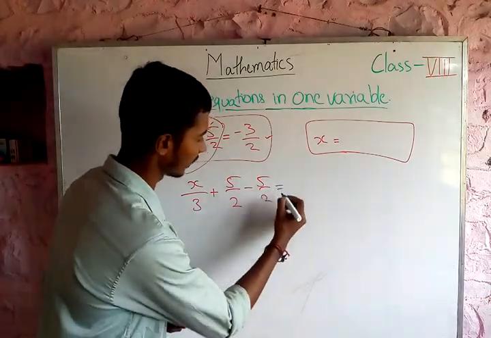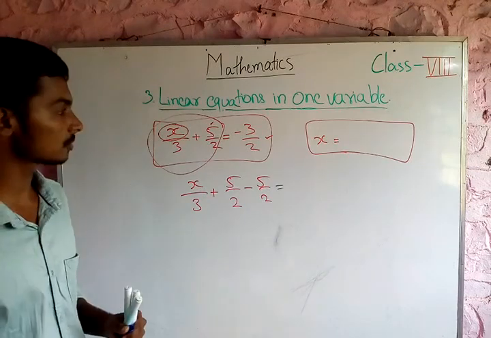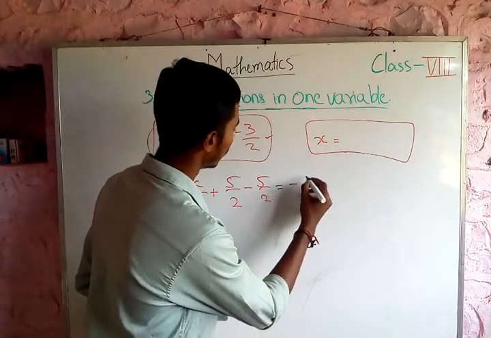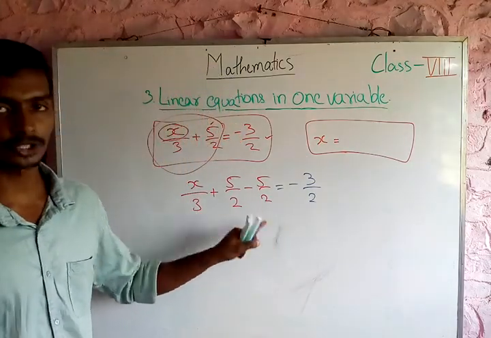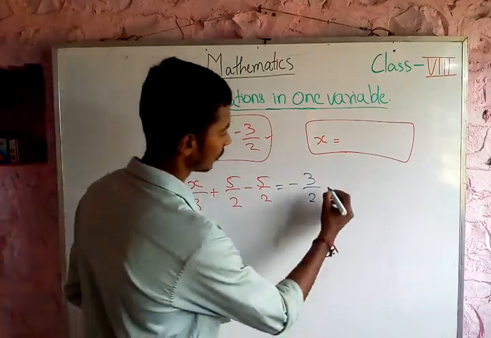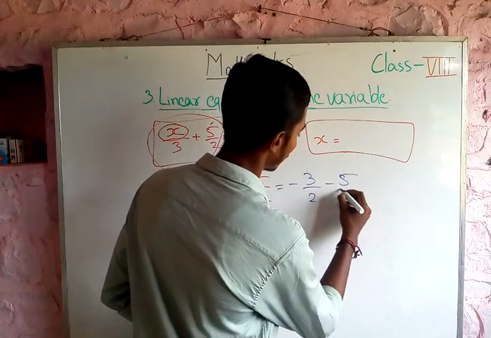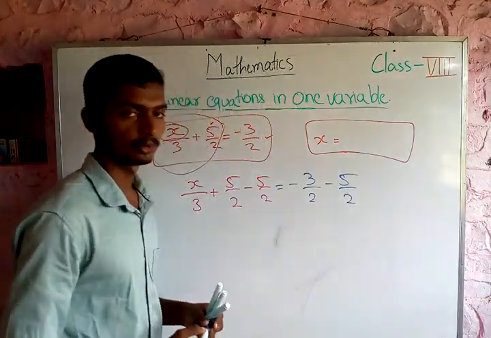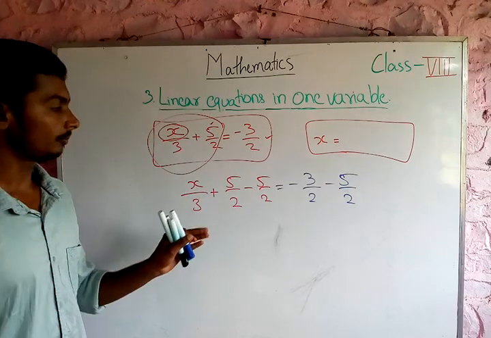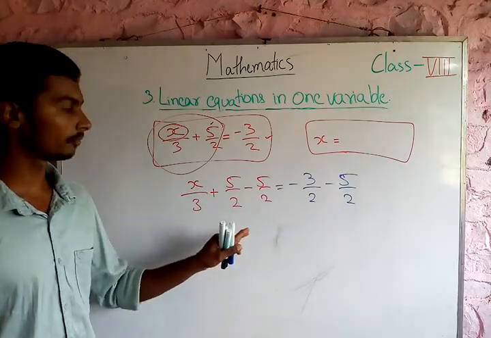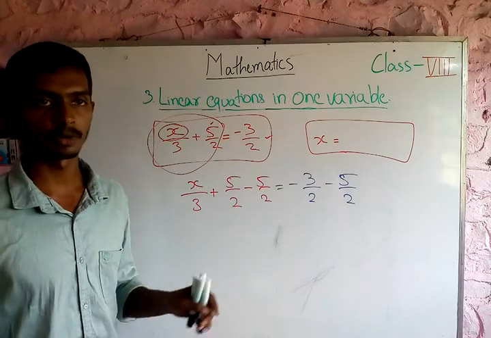To make the equation balanced, I will do the same operation on the RHS also. Now see here, this will become minus 5 by 2. In the previous class I told you why we do this and the validity of this method.